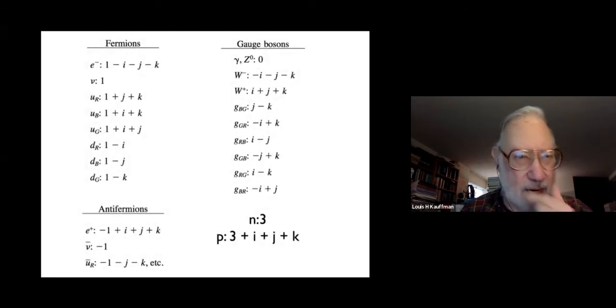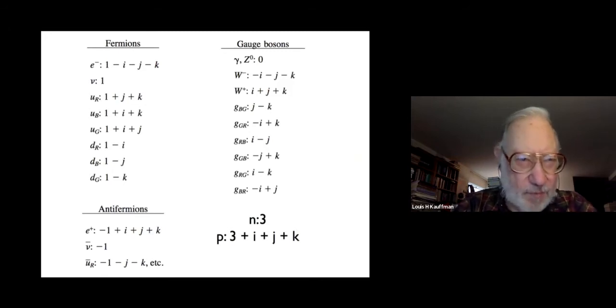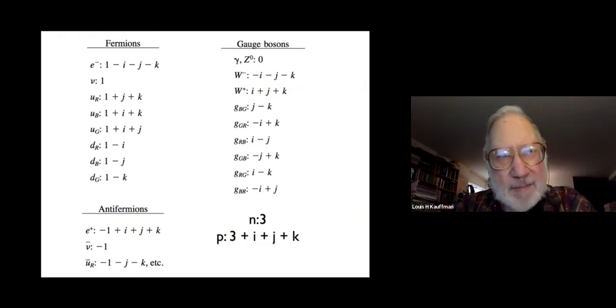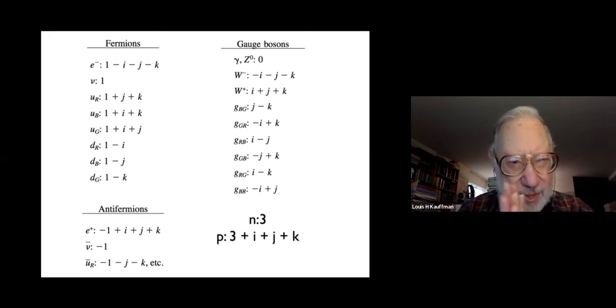He said, I'm going to associate a four vector with each elementary particle. Since he was partial to the quaternions, he wrote his four vectors in the form of a plus bi plus cj plus dk. But i, j, k, and 1 are just the four directions in the four space, and he isn't using any quaternion structure. I think he hoped to use some quaternion structure.